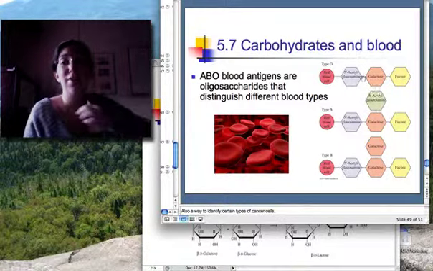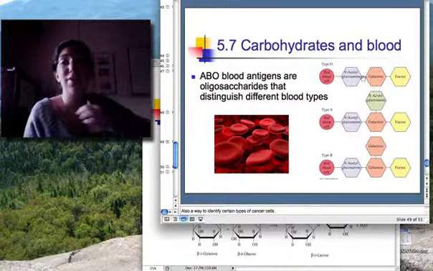But your body does make antibodies to type A and type B. But not necessarily, I shouldn't say that. If you have type A blood, your body does not make antibodies to your own blood. It's fine with that. But it does make antibodies towards type B blood. It'll make antibodies to this extra galactose group here.